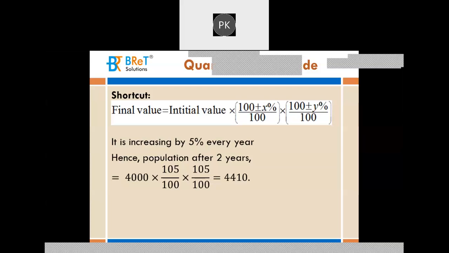So write down: the cost price of an article is rupees 5,000.